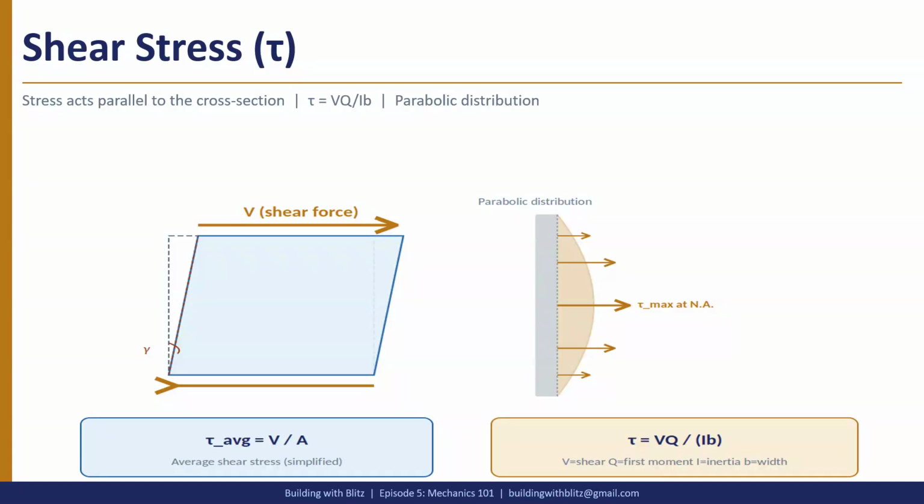And here's a little tidbit. For steel I-beams or W-flange shapes, or any steel member really, shear stress is only designed to be resisted by the web of that member. So the flanges don't actually do anything if we're talking about shear stress.